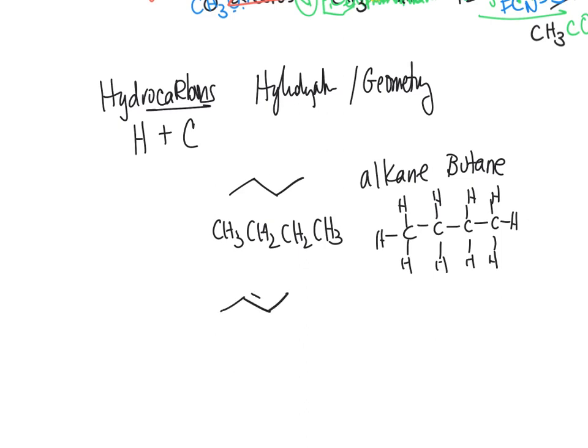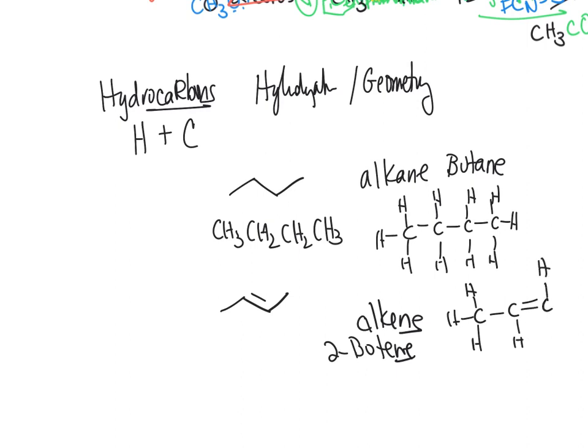We also see that this is an alkene. This is actually called 2-butene, ENE for alkene. You'll learn how to name these. We have a double bond here, so we have a multiple bond.